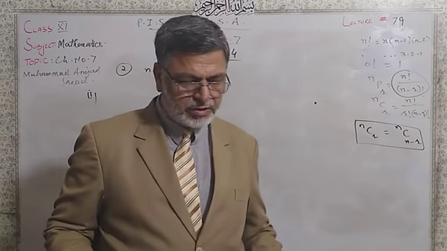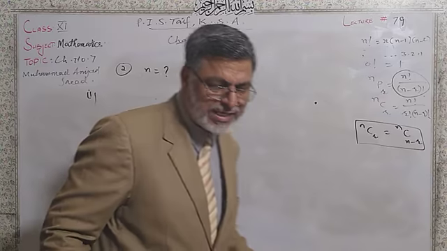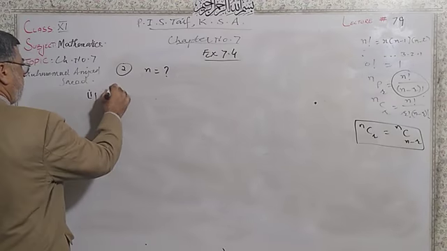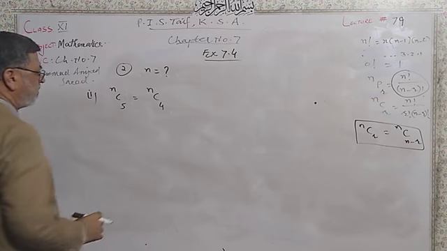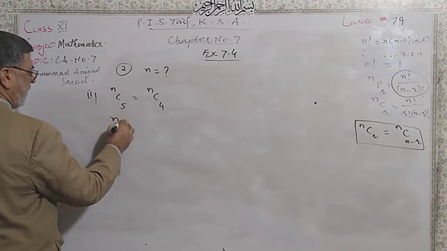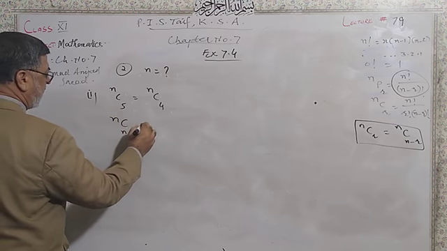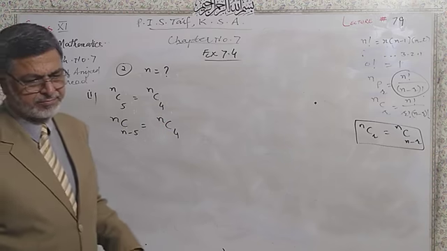You have to find the value of n, where first part is nC5 is equal to nC4. Dear students, here you can write down nC(n minus 5) is equal to nC4.